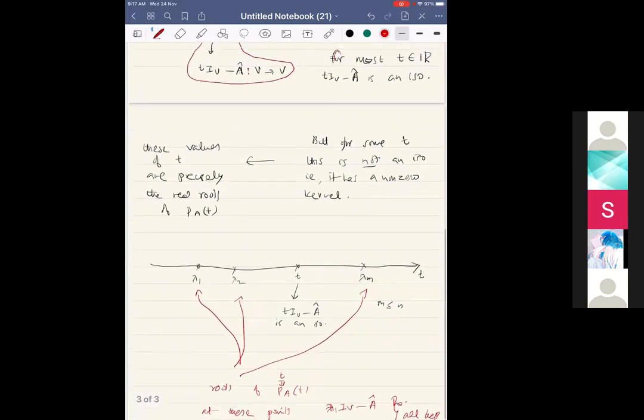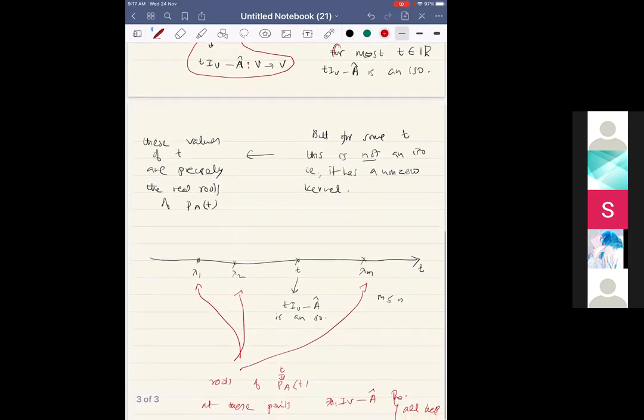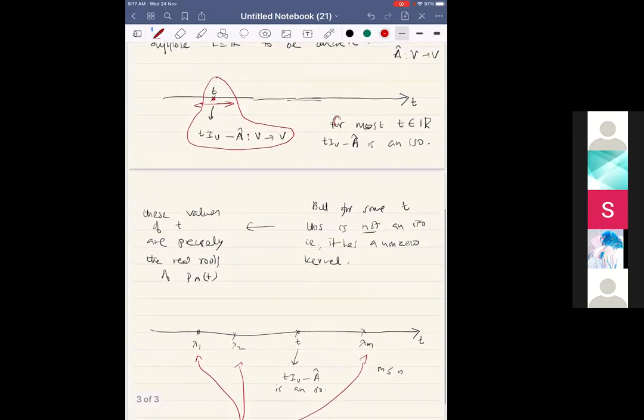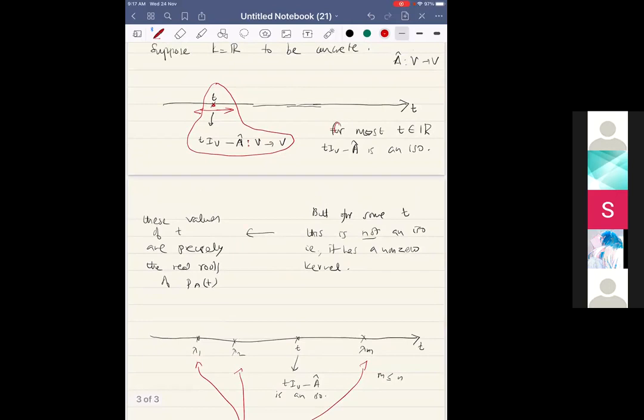So let me repeat. Suppose I have a real vector space and a linear map Â from V to V. If we look at this linear map as a function of t, at every point here I have a linear map, namely t maps to tI_V minus Â.